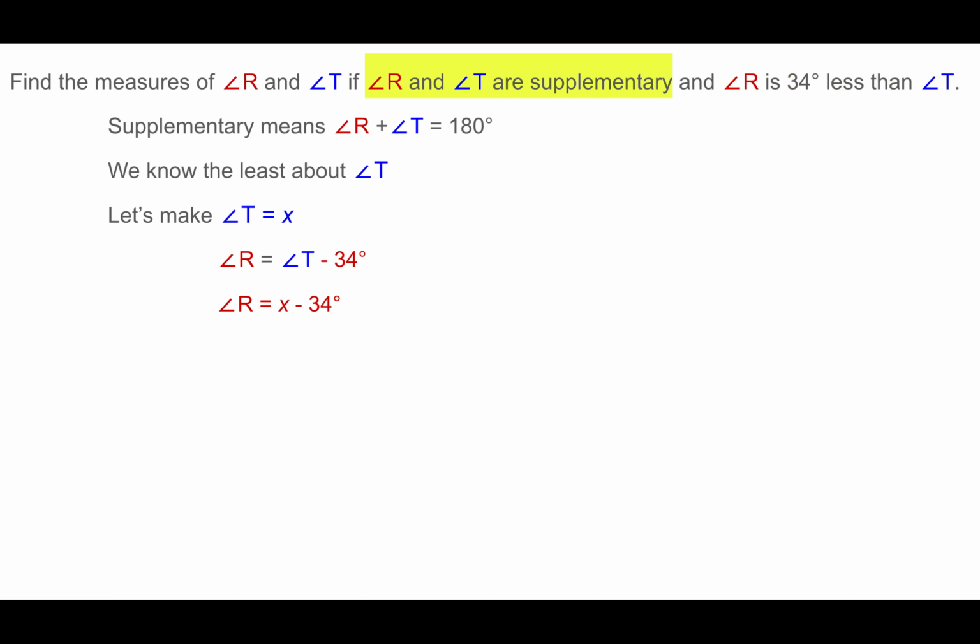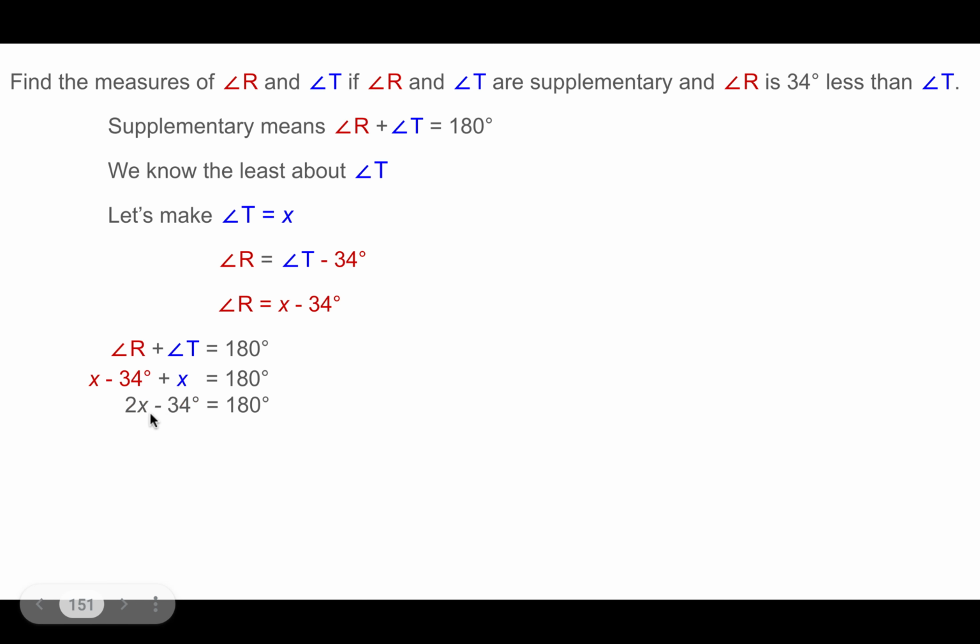Now again, we know that angle R and angle T are supplementary, so when we add them together, they equal 180. Let's replace angle R with X minus 34. Let's replace angle T with X. Let's combine our X's, so 2X minus 34 degrees equals 180 degrees.